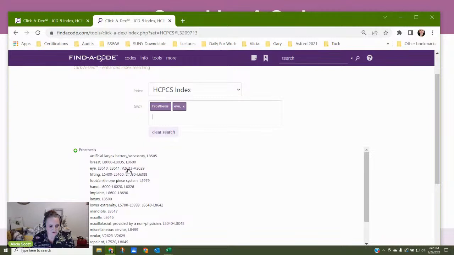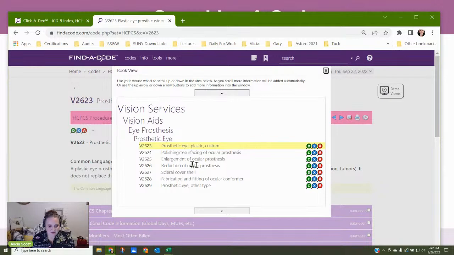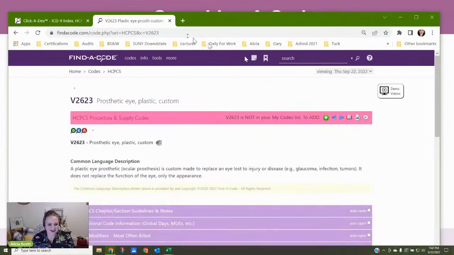Ocular implants. What's this one? Prosthetic eye plastic custom to prosthetic other type. So let's do that. A plastic eye prosthetic. What are my choices? Resurfacing, enlargement, reduction, scleral cover shell, fabrication and fitting of ocular conformer, and prosthetic eye other type. How cool, right? Very good.